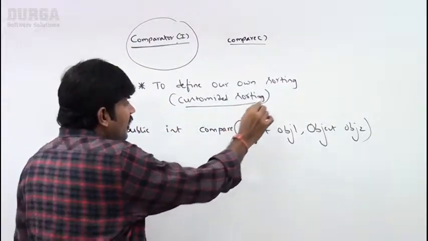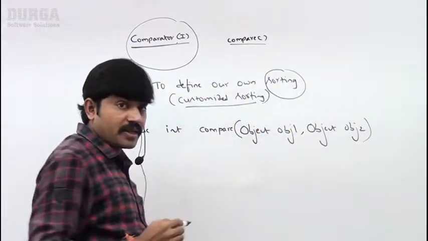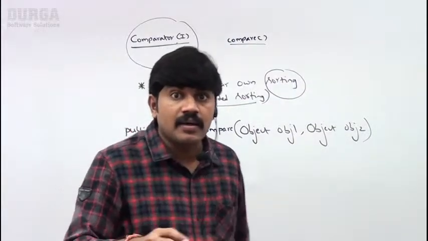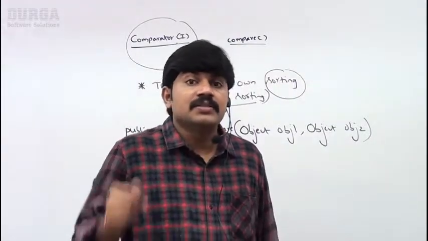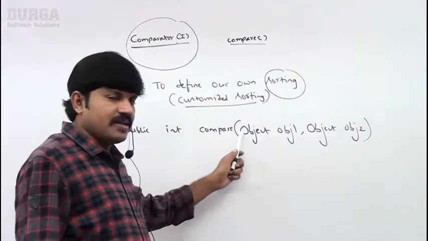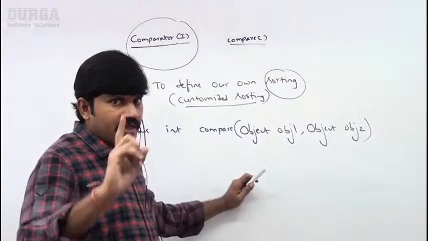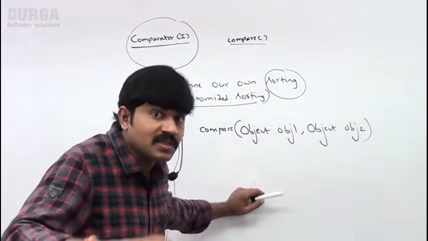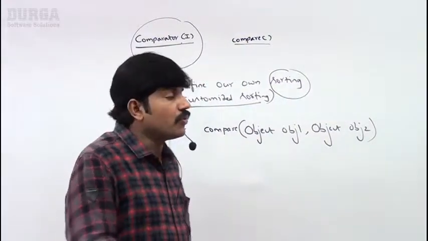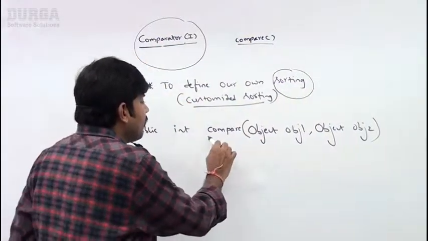When talking about sorting, whenever 2 objects come, in which order should I place them? How is the JVM going to decide? By using this compare method. To place our objects in sorting order, the JVM always uses the comparator compare method.